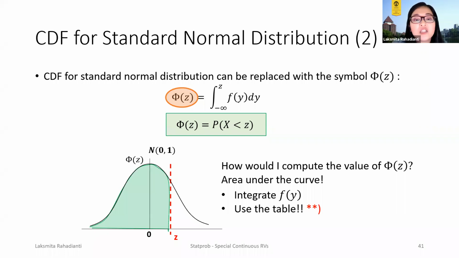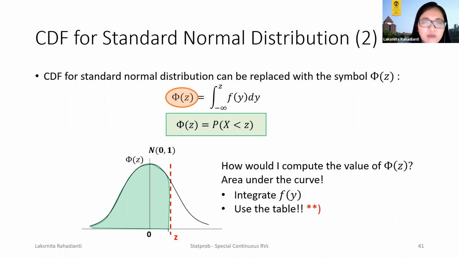I can use a certain table. People have already computed for me the probability to the left side of every single possible value. We are going to look at the table in more detail after this. However, obviously, not all problems that you will need to solve are as simple as: please compute the probability of your random variable being less than a certain value.